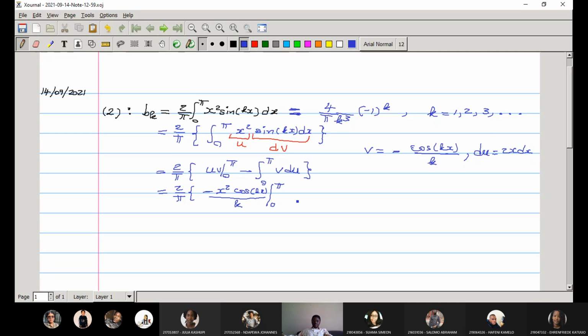Now we have that minus the integral from 0 to pi of v. You see that v is negative, so this negative with that negative becomes plus, so I can change that. So cosine kx by k into this 2x dx.